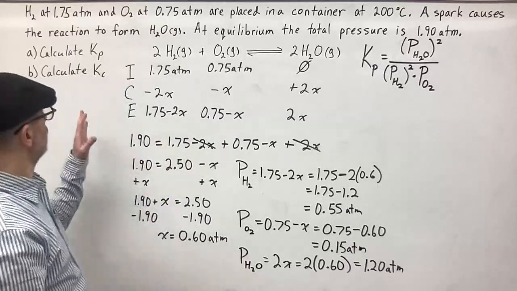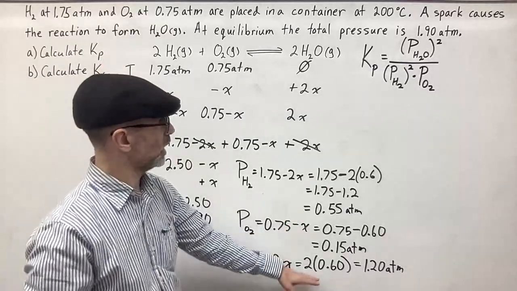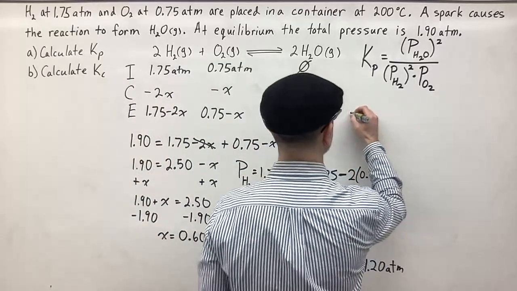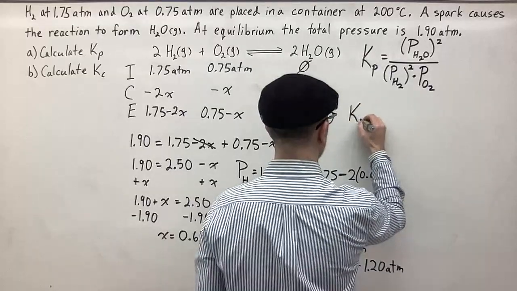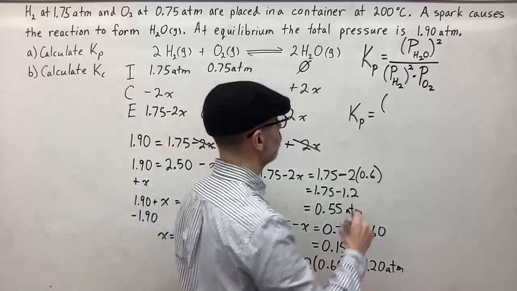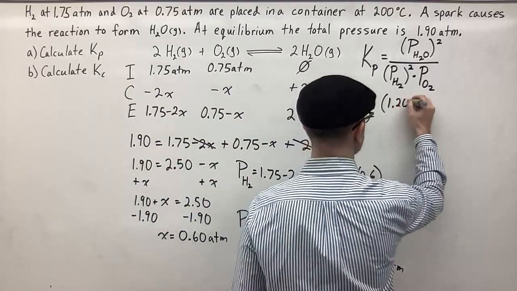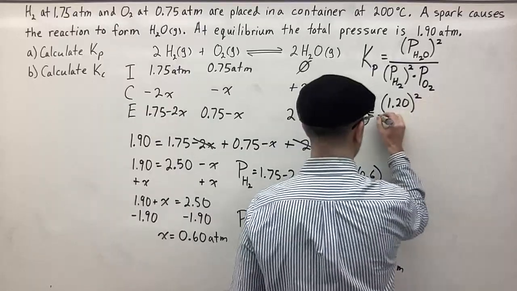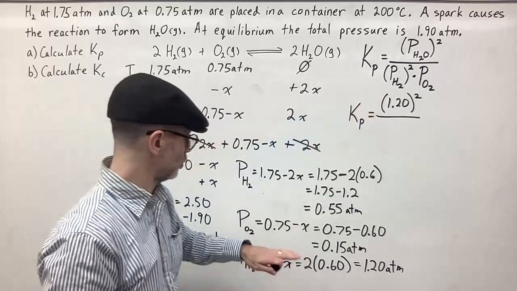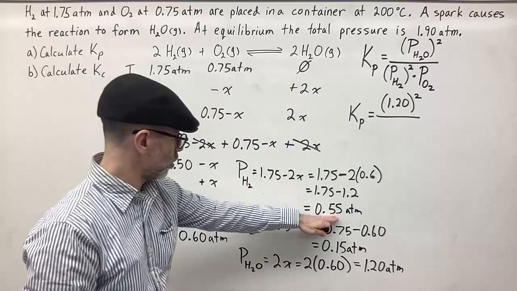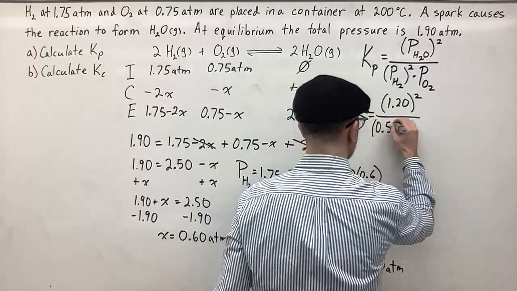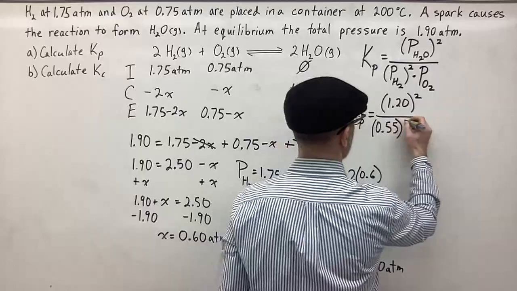So to find Kp, all we need to do is plug these into our expression here. So let's go ahead and do that. We have Kp is equal to the partial pressure of water, which is 1.20. So we have 1.20 squared over, then we have the partial pressure of hydrogen, which is 0.55, and that's squared as well.